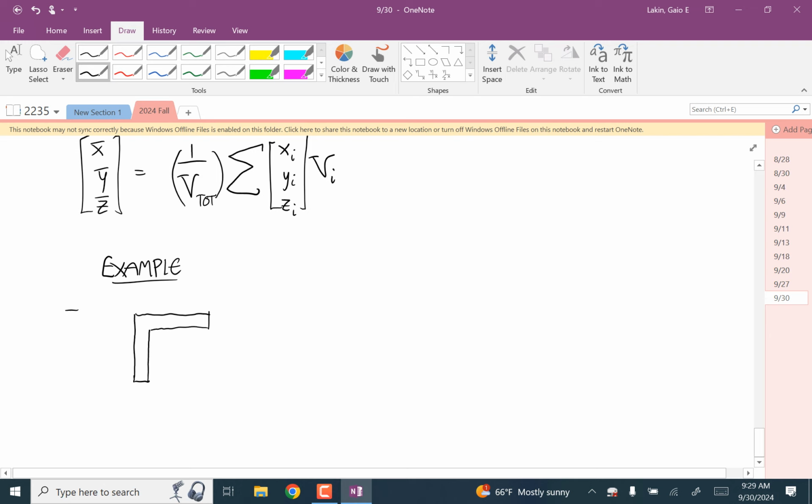So let's say that this has a height of 1 meter and a width of 1 meter and a thickness of 0.1 meters the whole way.